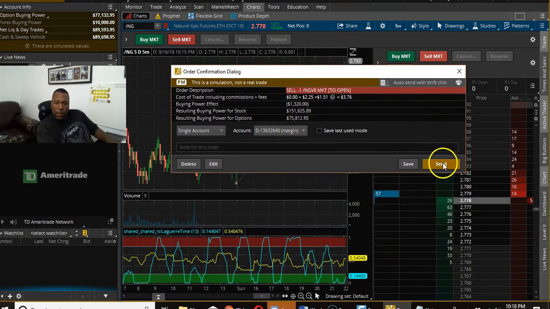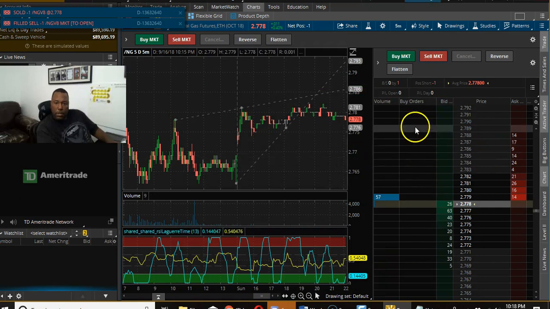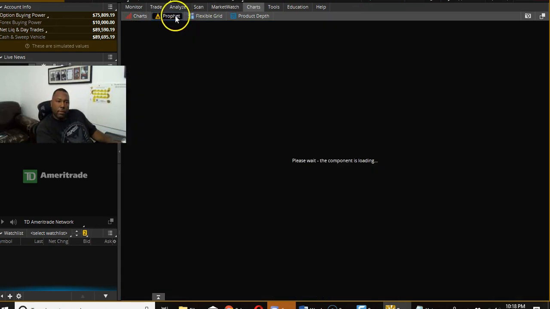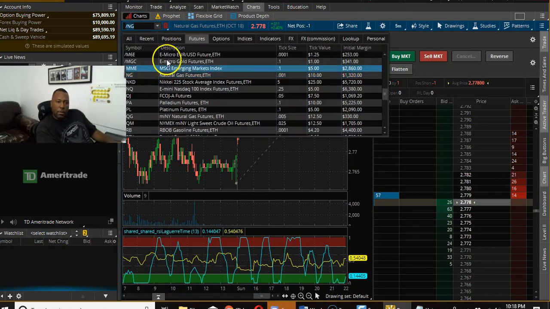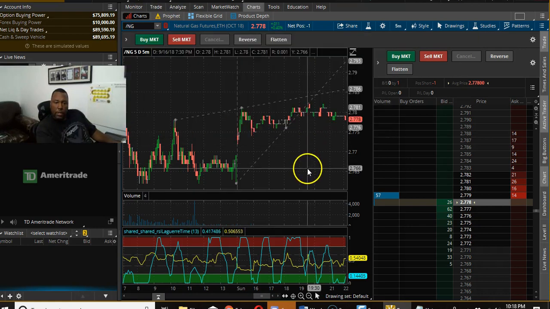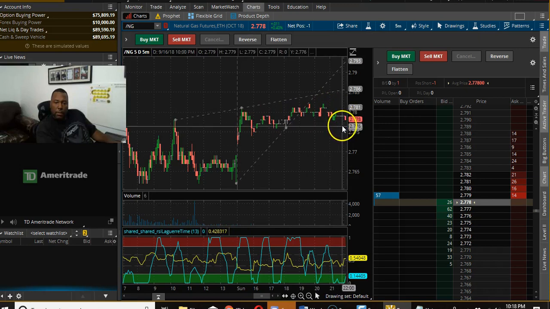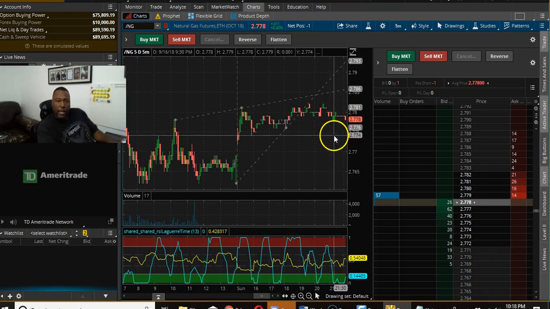Natural gas. I just always like to short natural gas. So when you look at natural gas, you see it moves $10 a tick as well. So as it goes down, you'll make $10 a tick.